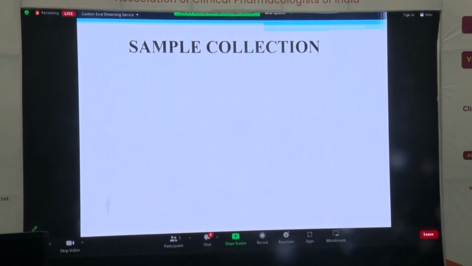Now how do we do it? We have patients who are taking anti-epileptic drugs, but how do we do TDM? The most important thing for TDM is sample collection. We need to collect a blood sample. So when do we take the blood sample? Can we take it immediately after the first, second or third dose?